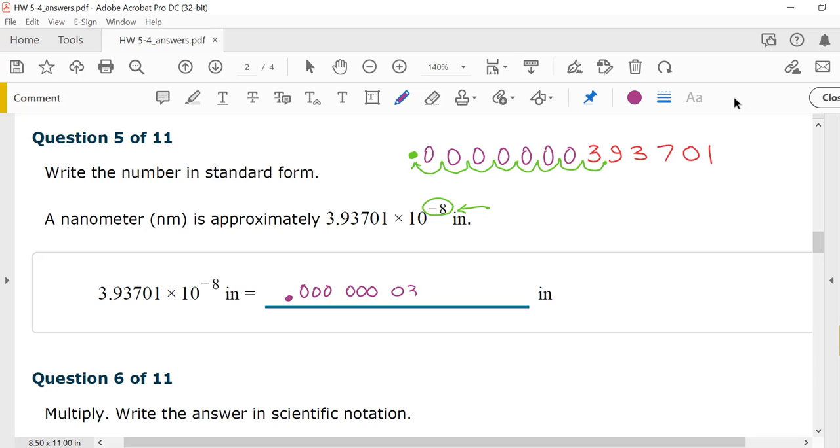And then the digits 3, 9, 3, 7, 0, 1. Now, it's usually standard form to put a 0 in the front as well. You do not have to, but Connect Math may tell you the equivalent answer has the 0 up front.